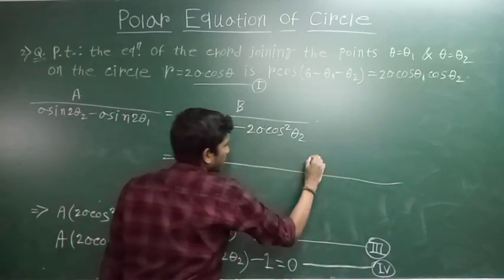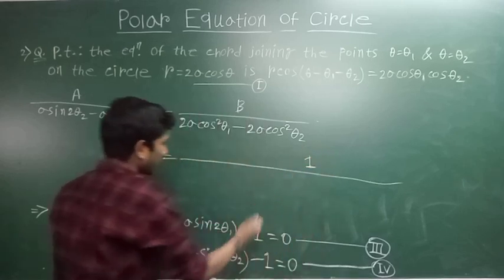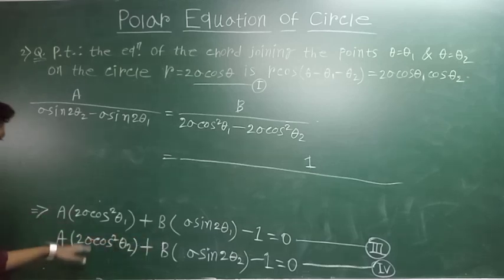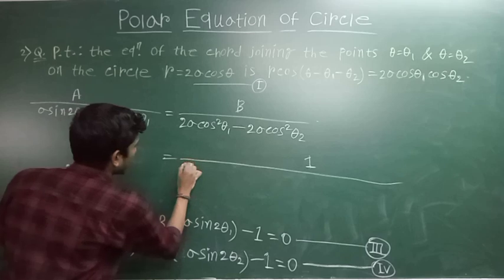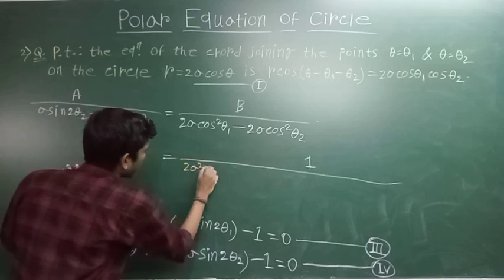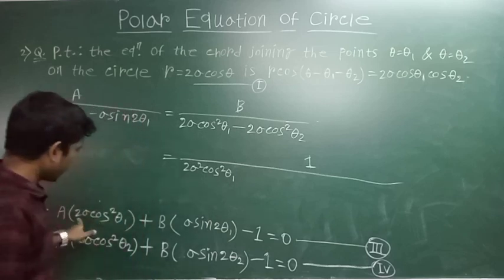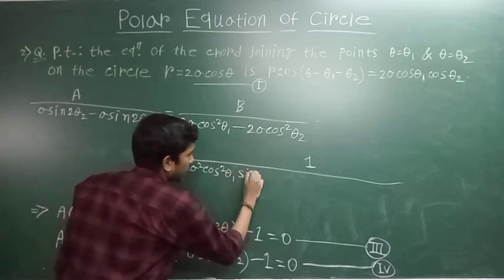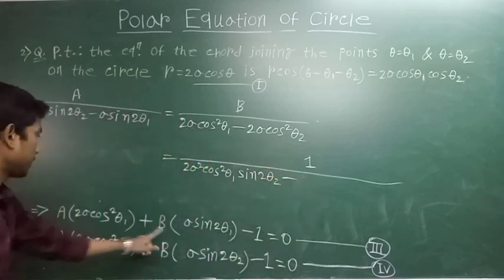1 by this into this minus this into this. So this becomes 2a square cos square theta 1 into sin 2 theta 2 minus this into this.